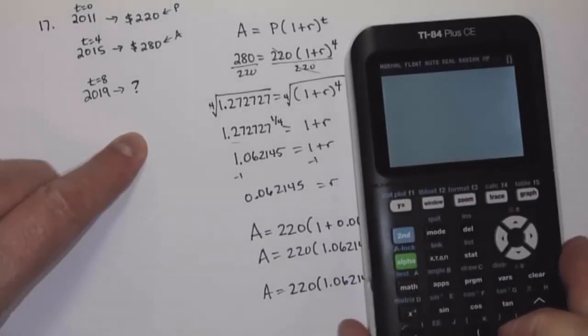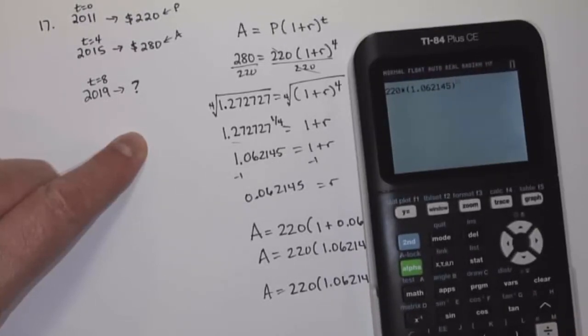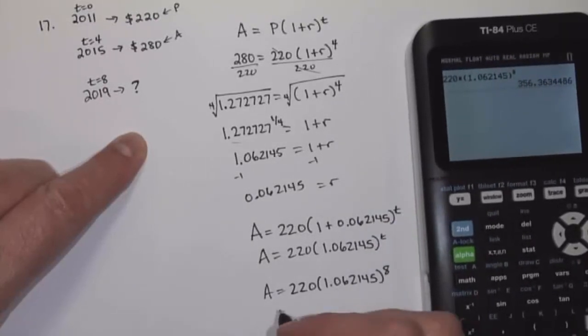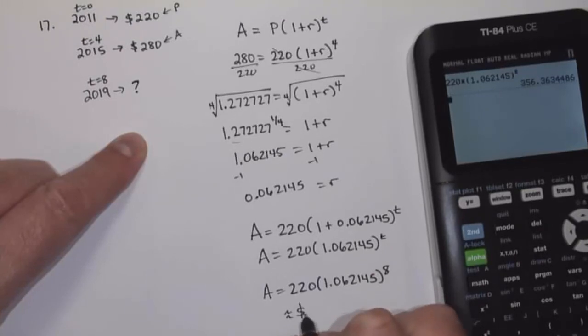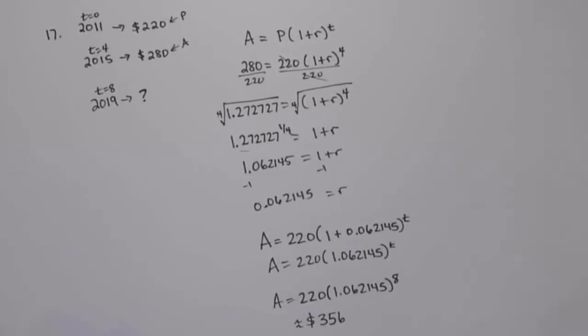So bring in my calculator again. 220 times 1.06215 raised to the 8th power. So that is about $356 if I round to the nearest dollar. So in the year 2019, the room is going to cost about $356 per night.